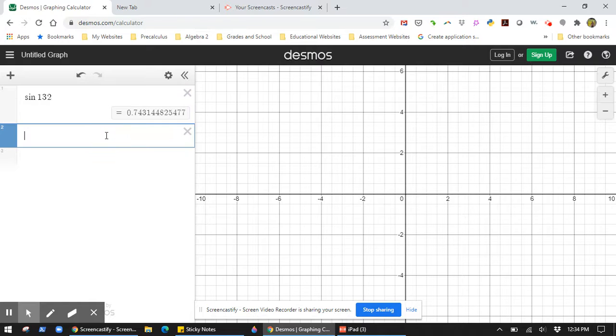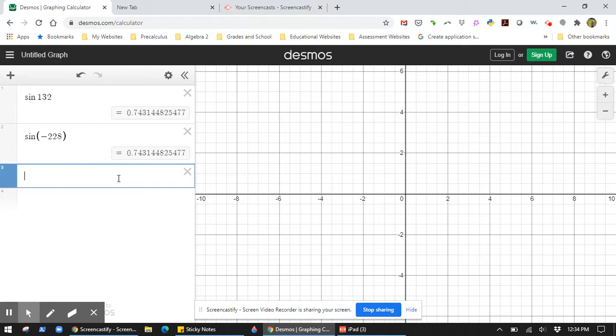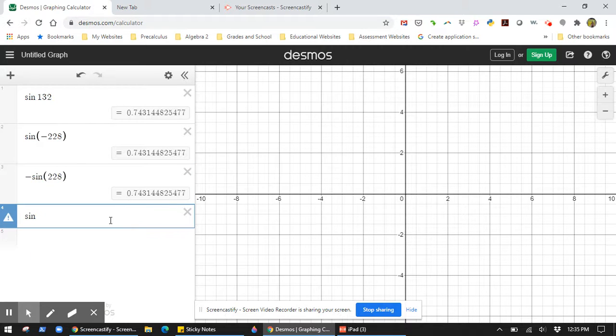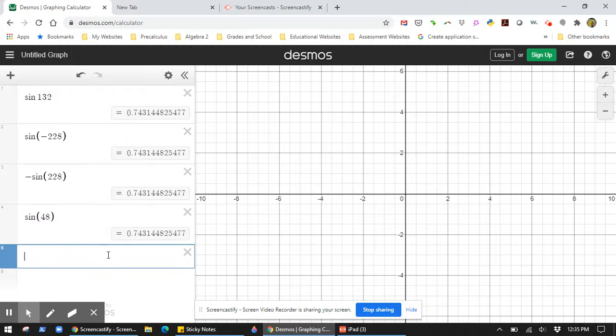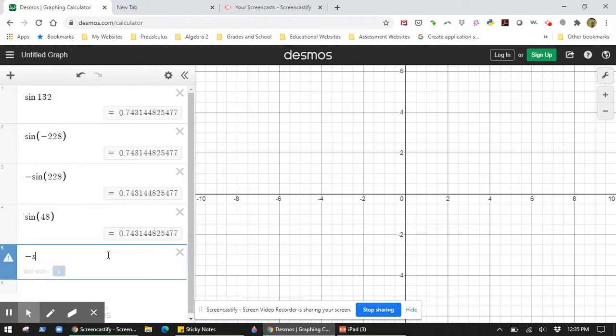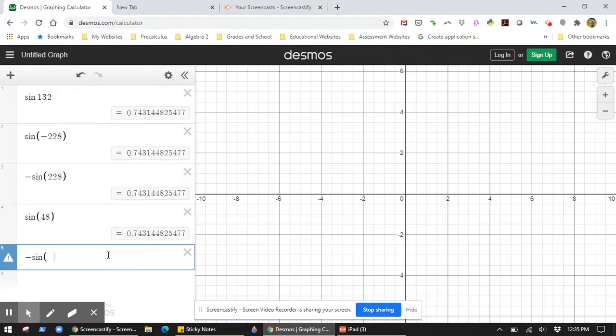Let's punch in the sine of negative 228. Let's do negative sine of 228. And the sine of 48. And you can see so far so good. And how about the negative sine of negative 48?